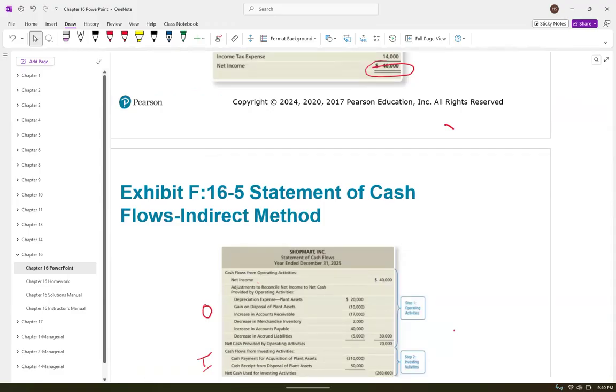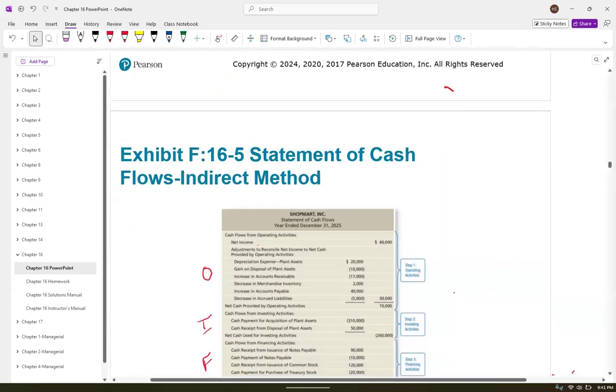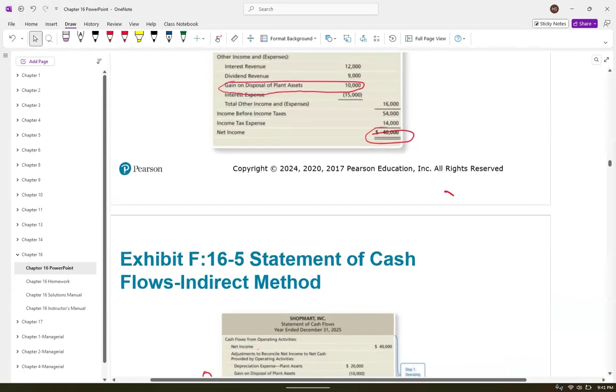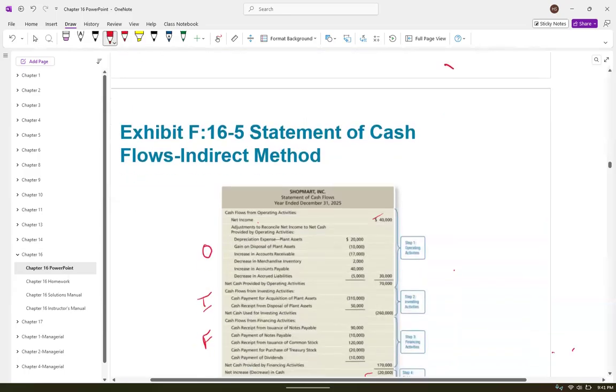So we'll plug that into the credit side of retained earnings. But remember, we're not doing anything with it because we've already put that net income down there in the operating section of the statement of cash flows. Okay. So there's that 40.